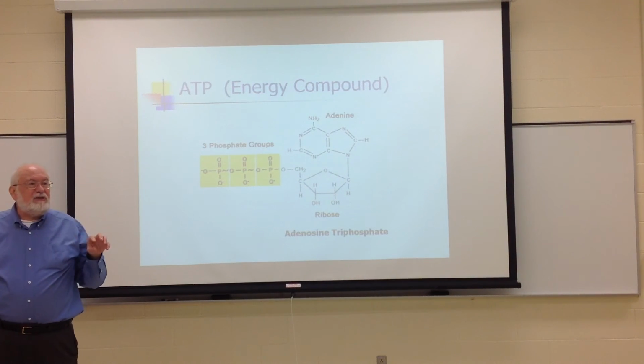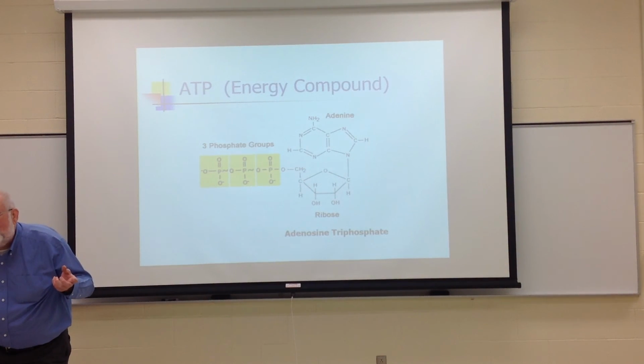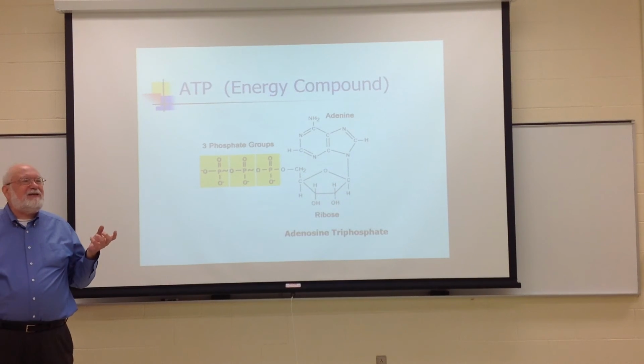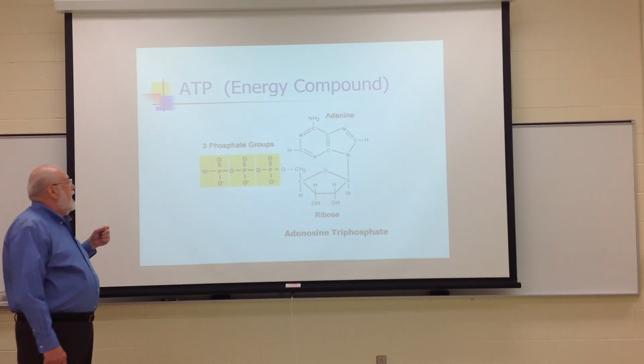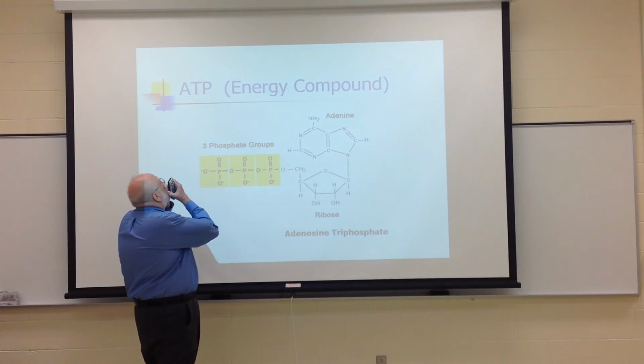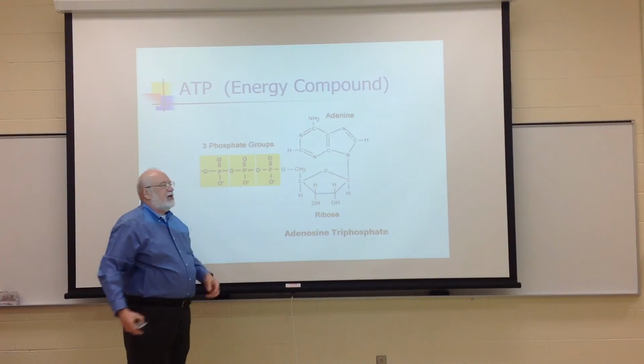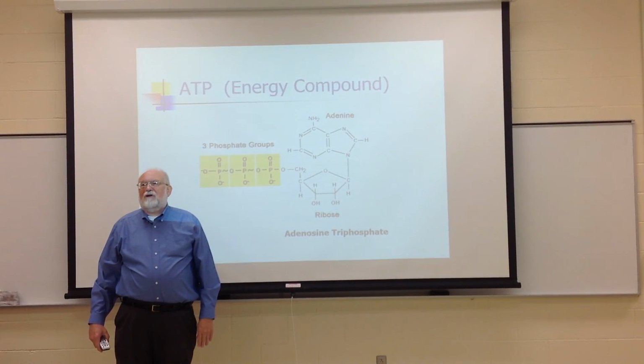How do they store it? Phosphate bonds. How do they release it? Break the phosphate bond. Simple enough, isn't it? Here is the preeminent energy compound that you're going to find in a cell. It's called adenosine triphosphate.